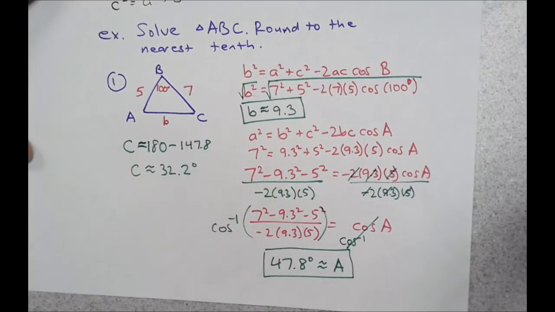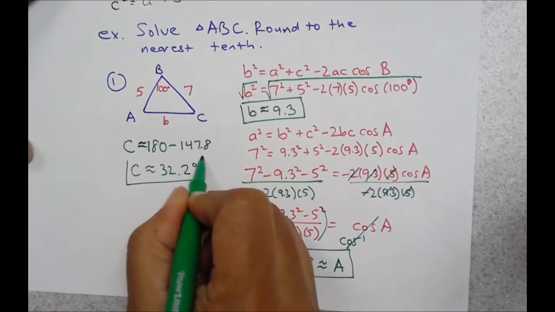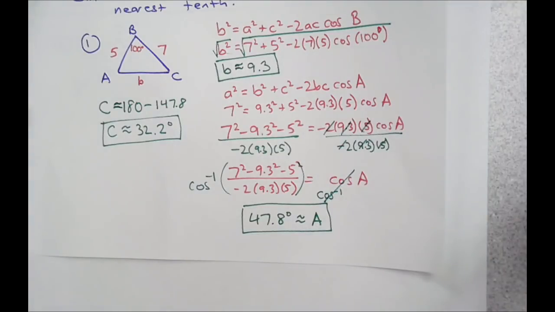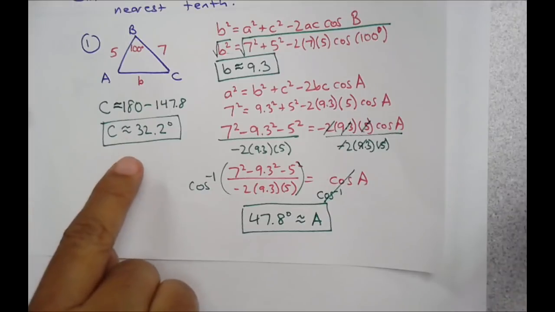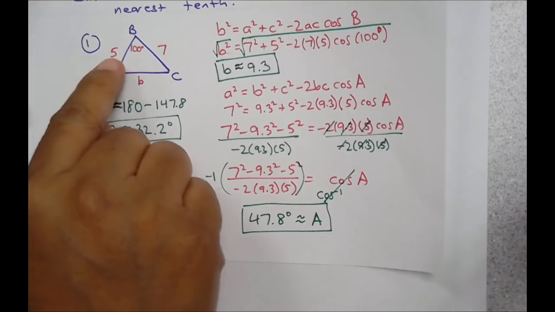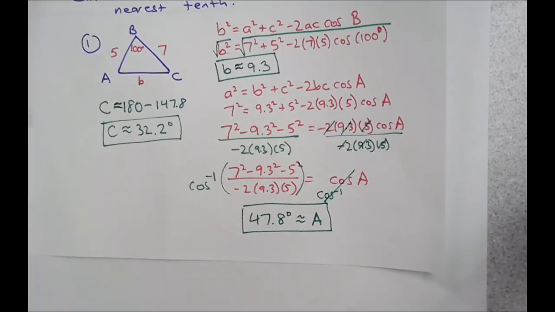And by the way, I should put little squiggles because those are an approximation, because the 47.8 is also an approximation. And by the way, in order to solve this, you needed to know side angle side or side side side. I actually had side angle side, just so you know.